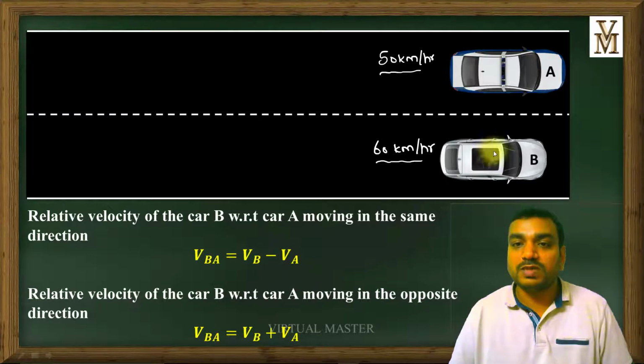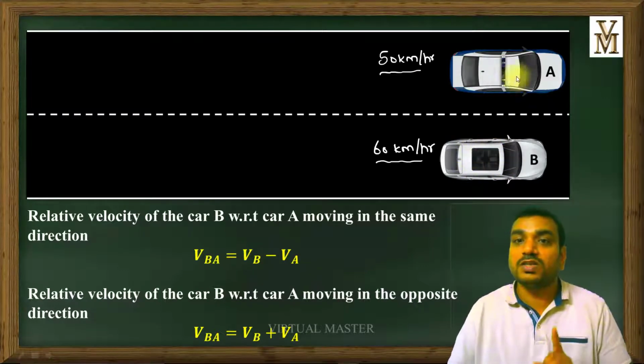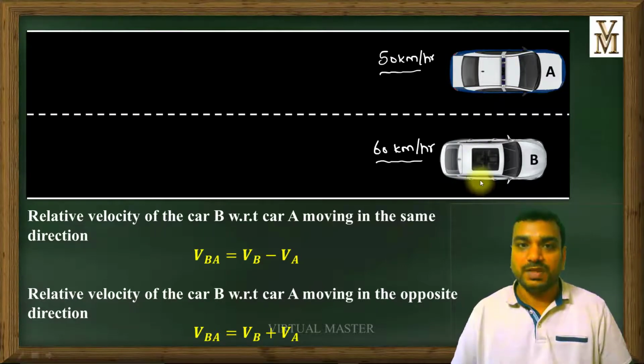That is, if I want to measure the relative velocity of car B, I have to subtract the velocity of car A from car B. Okay, this is the first case when both the cars are moving in the same direction.